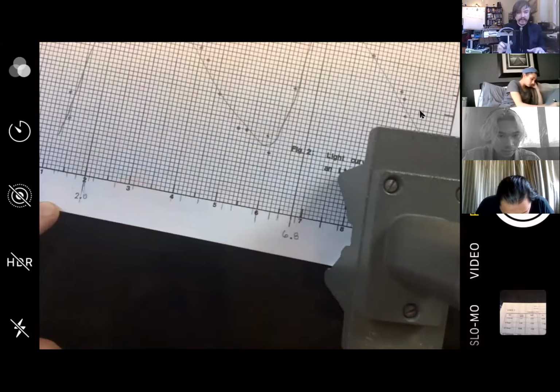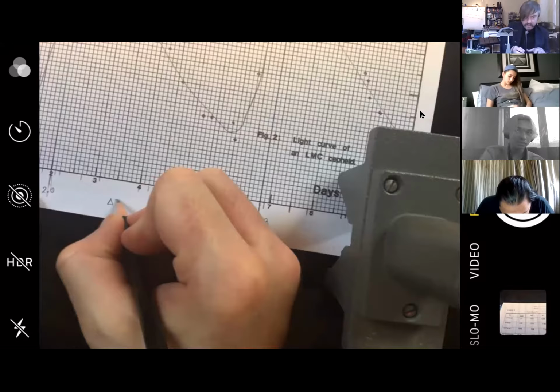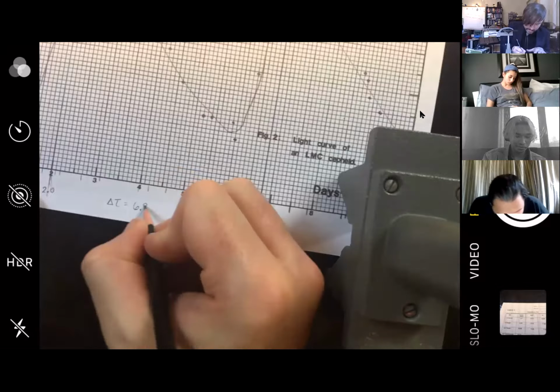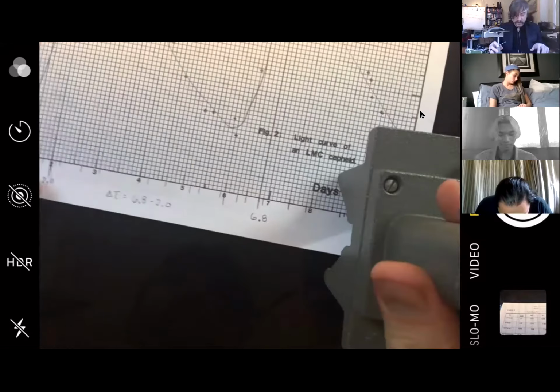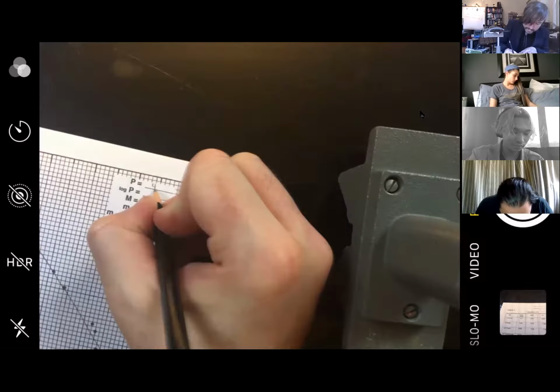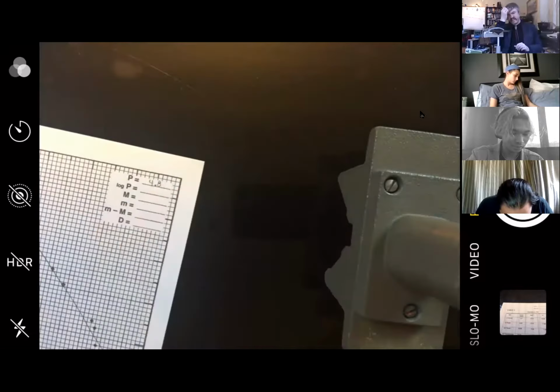So our period is the change in time between those two, which is 6.8 minus 2.0, or 4.8. And that's what we should put here for period. 4.8 days.